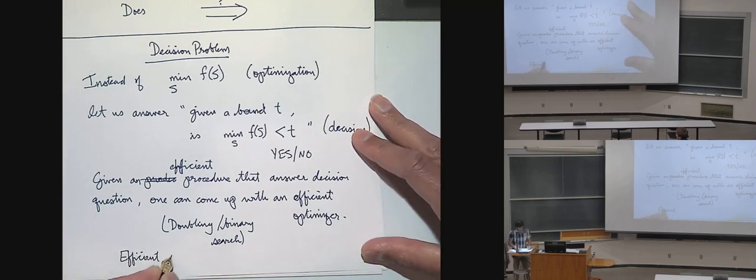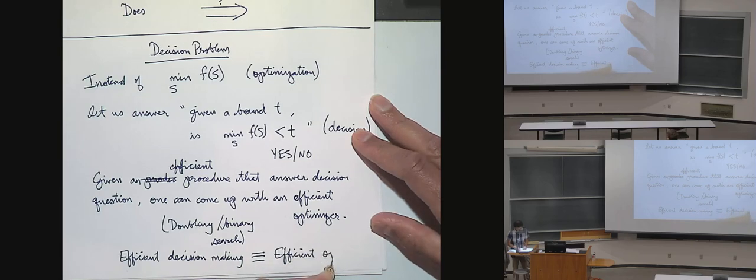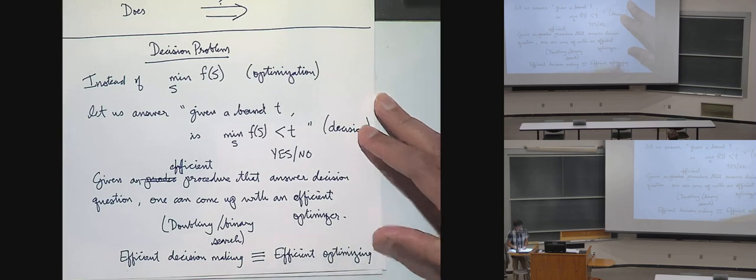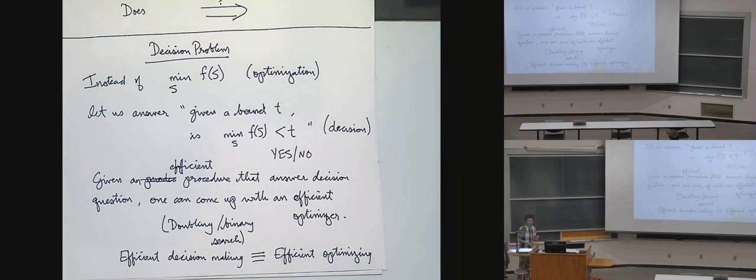So what this means is efficient decision making is kind of equivalent to efficient optimizing. And it's going to be easier to think about decision making.